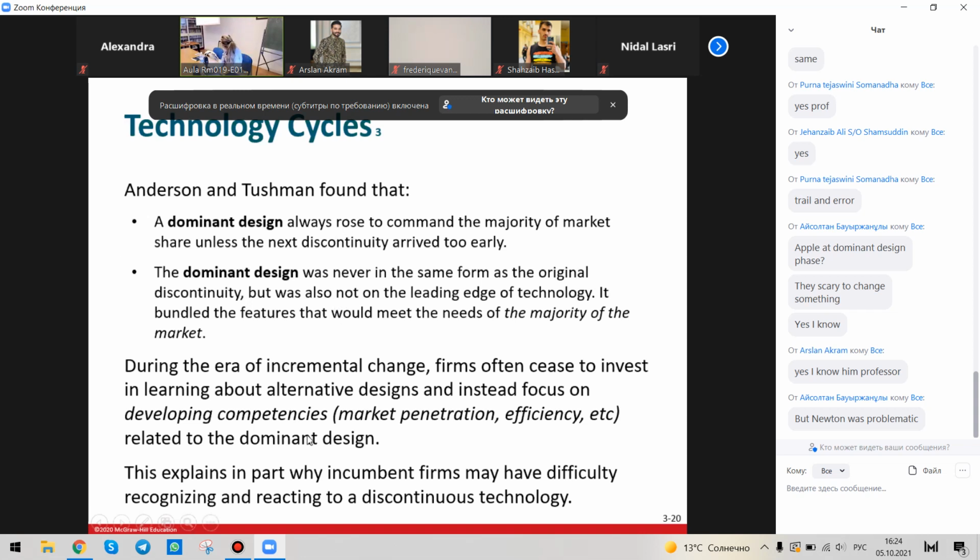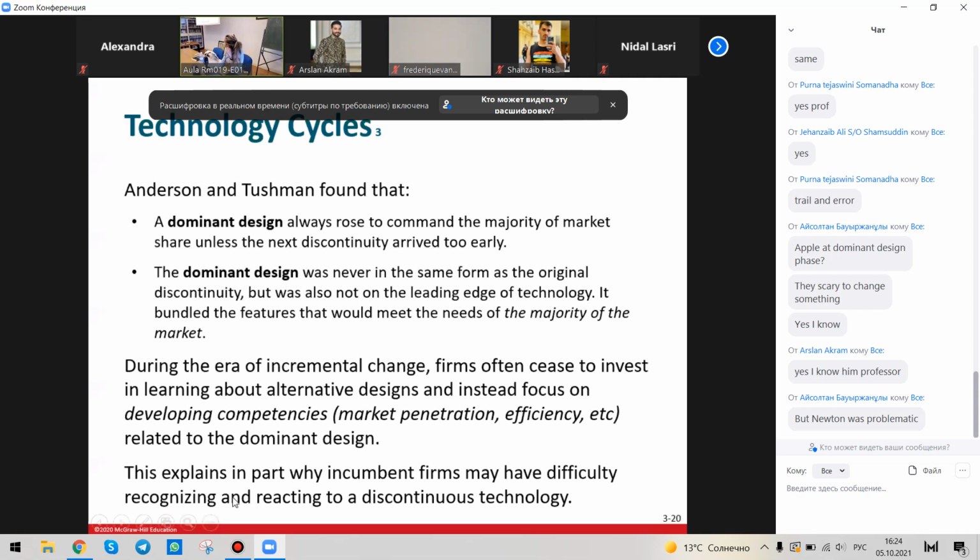And this is also related to the notion of technological discontinuity. If we define these two different phases, exploration on one side and incremental change on the other, once firms operate in the era of incremental design, in the specific phase, they invest in efficiency, in improving products and processes.